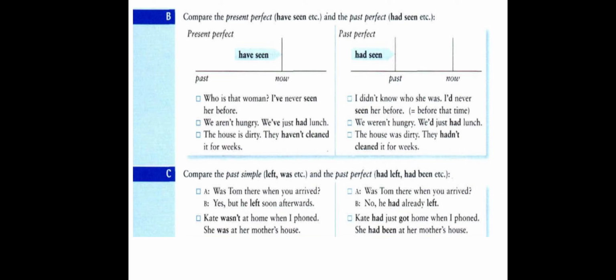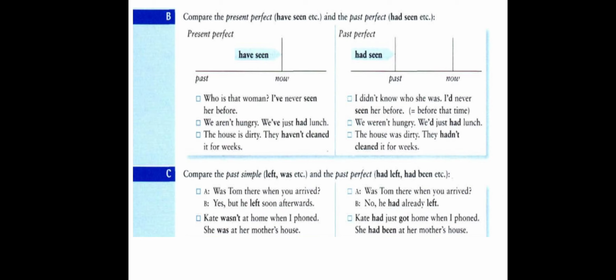Both actions are at the same time in the past, so we use past simple for both. In the answer, B says no, he had already left. Means Tom had already left when you arrived, or when you arrived, Tom had already left.